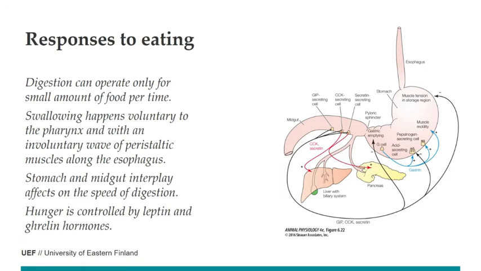Then what happens when we are eating? It's regulated at the whole-animal level, because the digestion can only handle a small amount of food at a time. When we swallow, it first happens with voluntary action, but then in the pharynx it becomes involuntary, as a wave of peristaltic muscles along the esophagus.